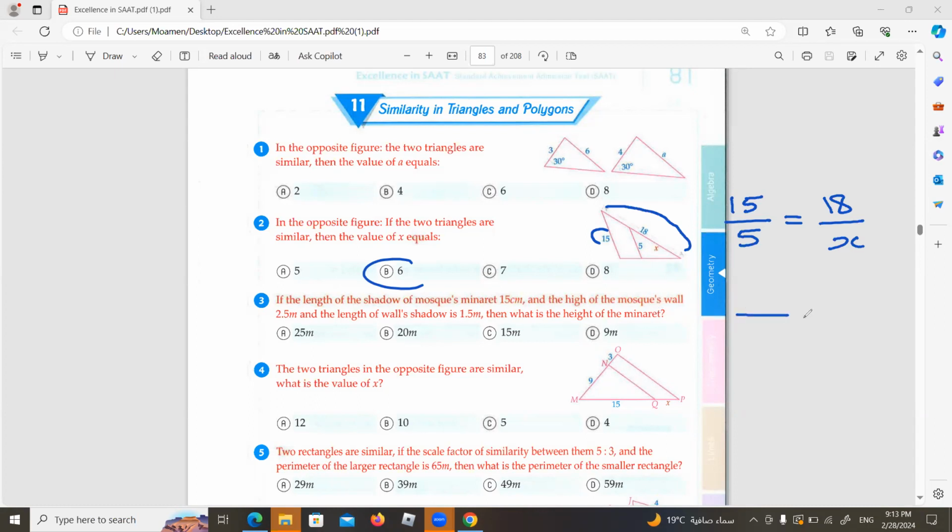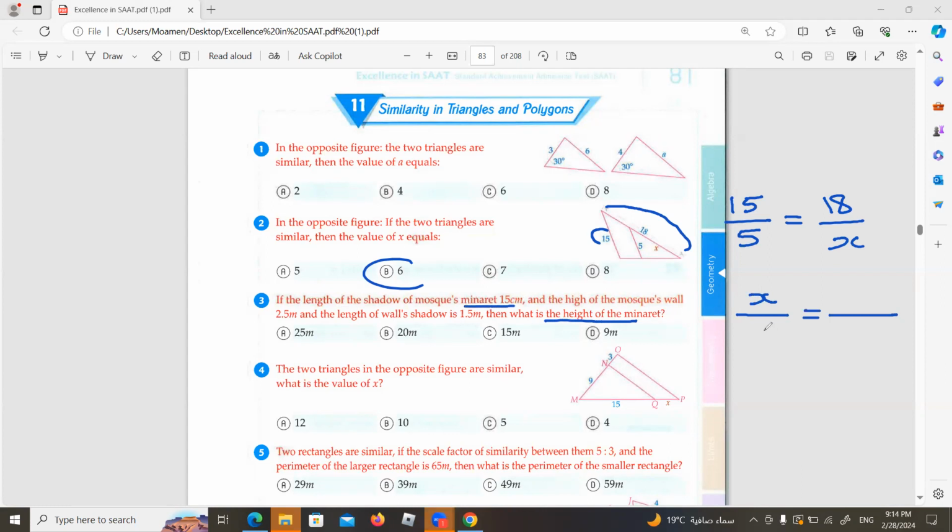So I make it like this, and I'll start working in this proportion. The height of the minaret over the shadow of the minaret. The height of the minaret is missing, so I just write X. Over the shadow of the minaret, which is 15.